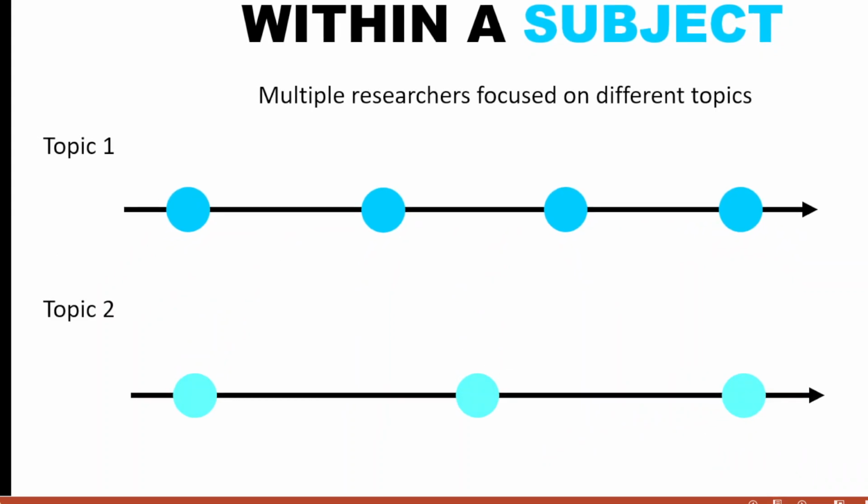Then within a subject, there might be multiple researchers that focus on different topics, like Albert Ellis or Aaron Beck. They focus on the cognitive school. Meanwhile, Watson or Skinner or Tolman belong to the behaviorist school. So on those two different topics, we have different researchers.